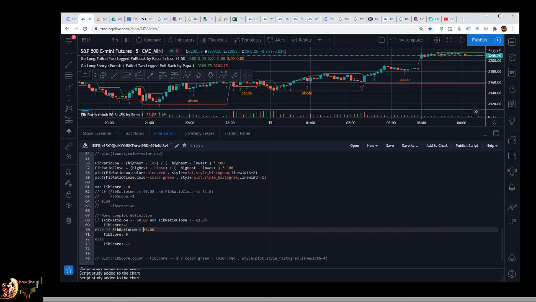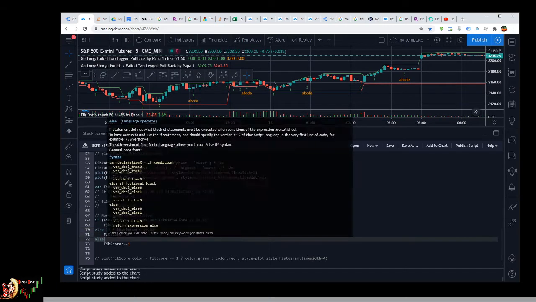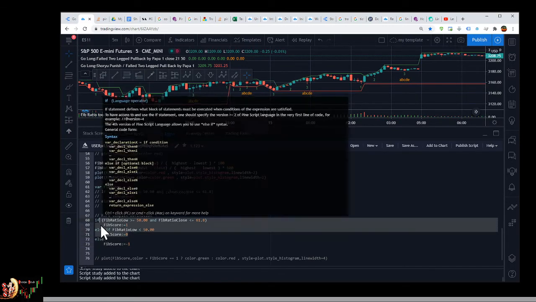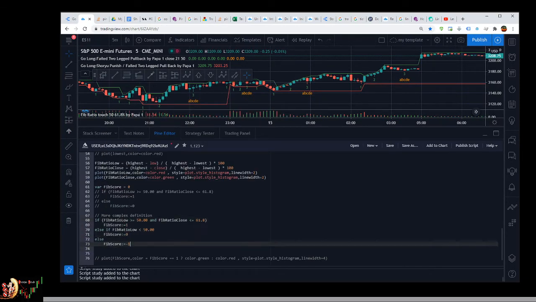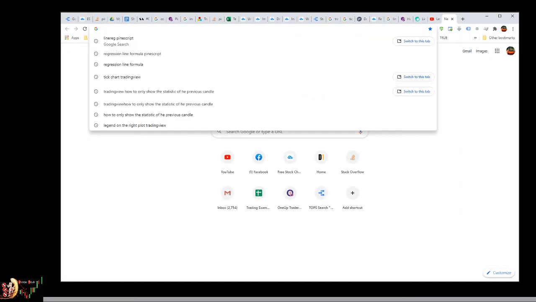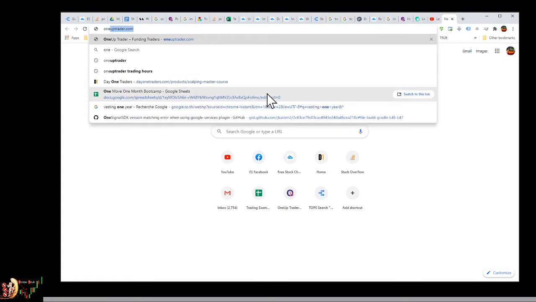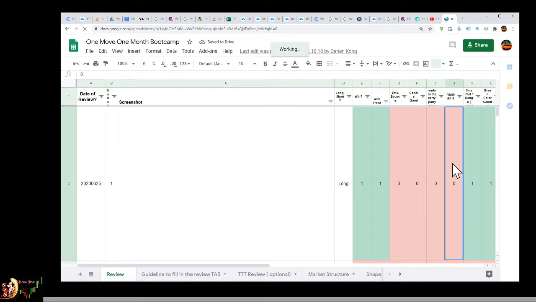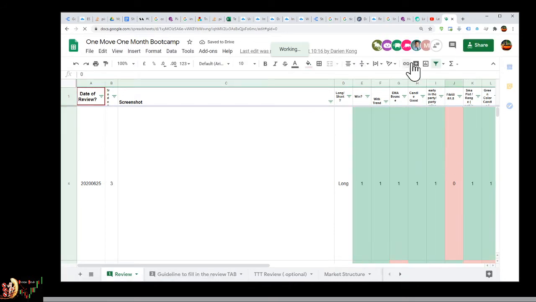If the low doesn't retrace to the 50%, then I have a 0. And the other case will be if it retraces more, then I will have a 2 on the chart, and 2 means that basically the move retraces more than 61.8%.